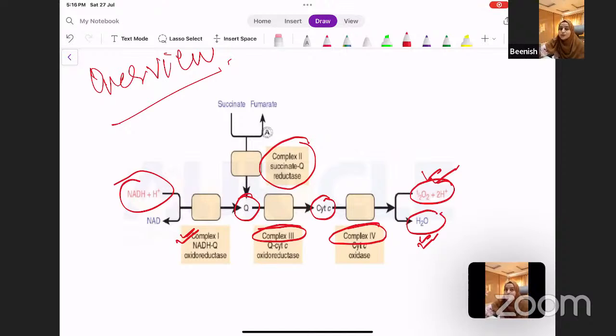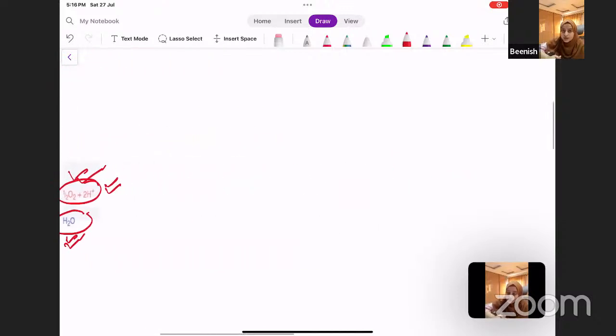Okay, both complex 1 and complex 2 are going to give the electron to coenzyme Q. Then from coenzyme Q, the electron is going to be taken to cytochrome C via complex 3, and then the cytochrome C is going to give the electron to complex 4, and ultimately from complex 4 the electron is going to be received by oxygen. Okay, so this was the overview of the electron transport chain.